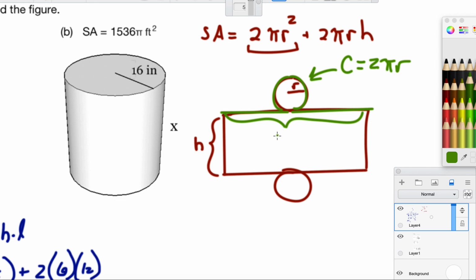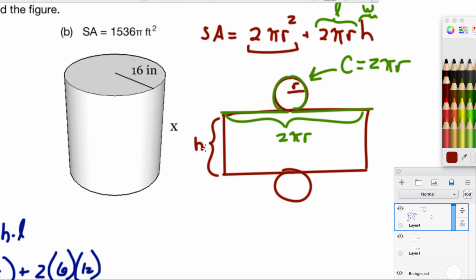And so this is 2 pi r. That's the length of our rectangle. And the h, the height of a cylinder, is the width of our rectangle in the net. So length times width of the rectangle is the same as the circumference times the height of the cylinder. So that's where we get the equation.